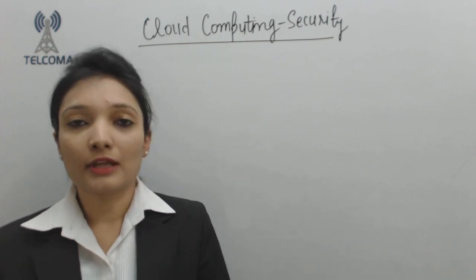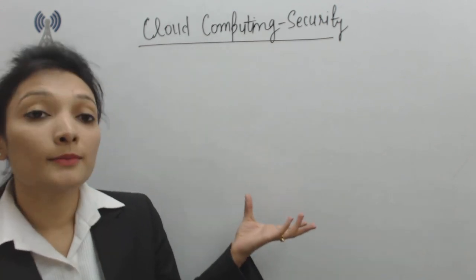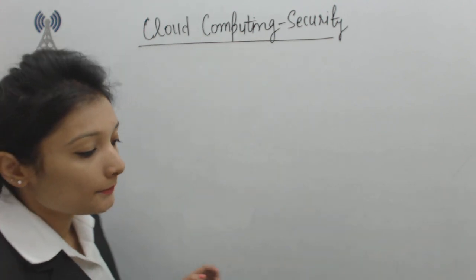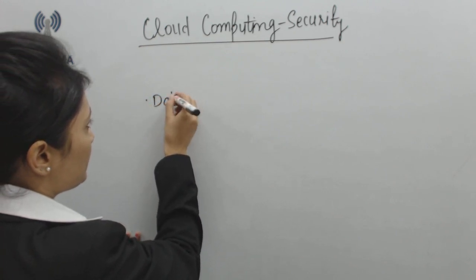Now, as we know, we have certain encryption techniques which are used for data security. So the data in the cloud should be stored in encrypted form. So the first thing about cloud computing security is that the data should be stored in encrypted form.